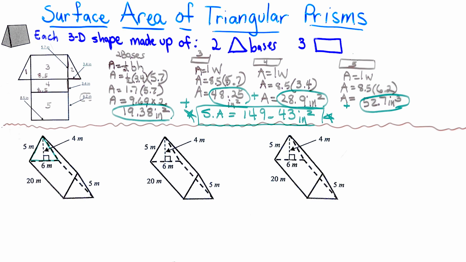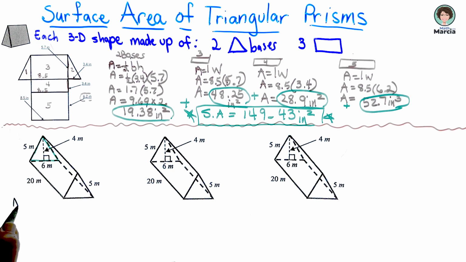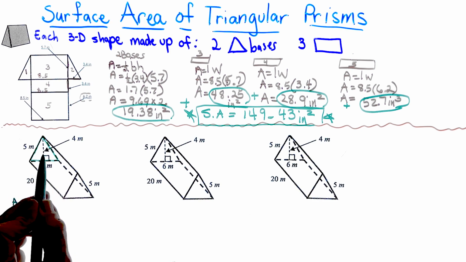All right, so looking at this next problem, starting off with the two bases, I have area is equal to 1/2 my base times my height. So area is equal to 1/2, and the base here is a 6, and the height, notice, is a 4.